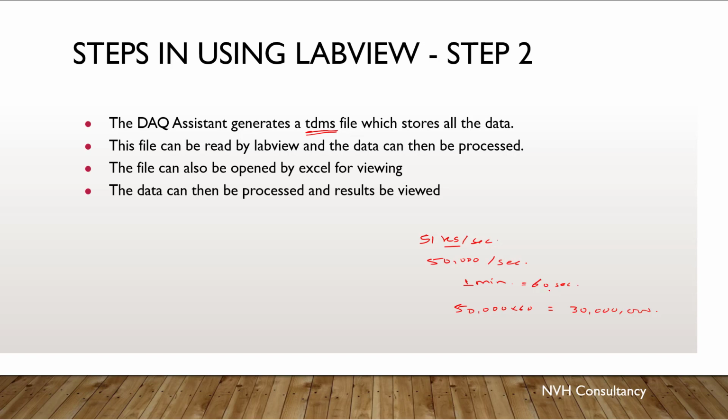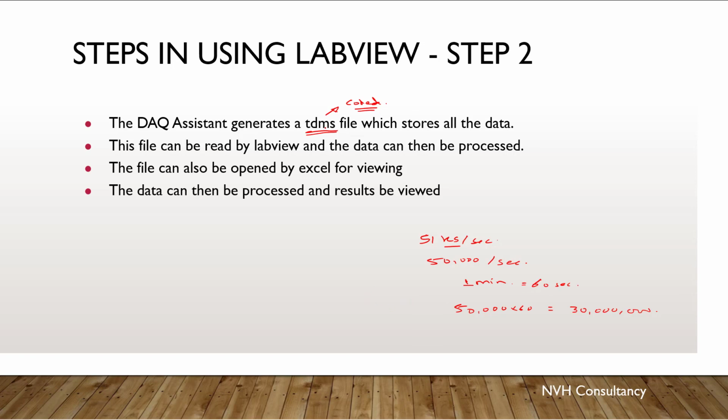What I want to say is that in 1 minute you are getting so much data. Now how are you going to process this data? Normally some kind of ASCII format can be used, but for that purpose you will basically be using some kind of TDMS format. This is a coded format which stores the data in a very concise manner.